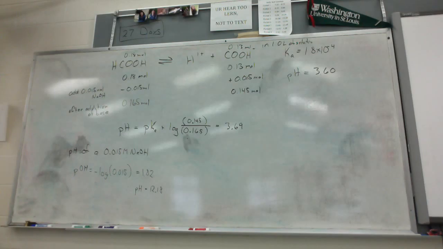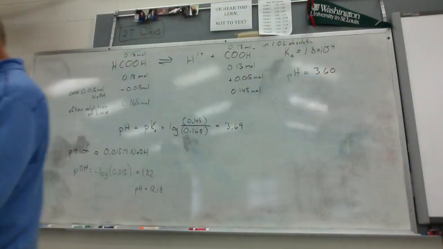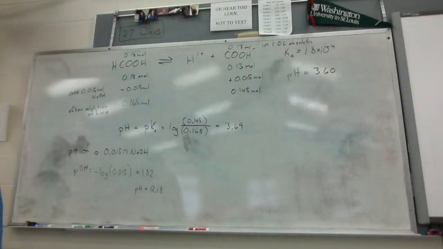You guys following what's going on there? Again, I'm trying to keep it as simple as I can, but also let you guys have the experience. What was the pH in the original one? 9.14.